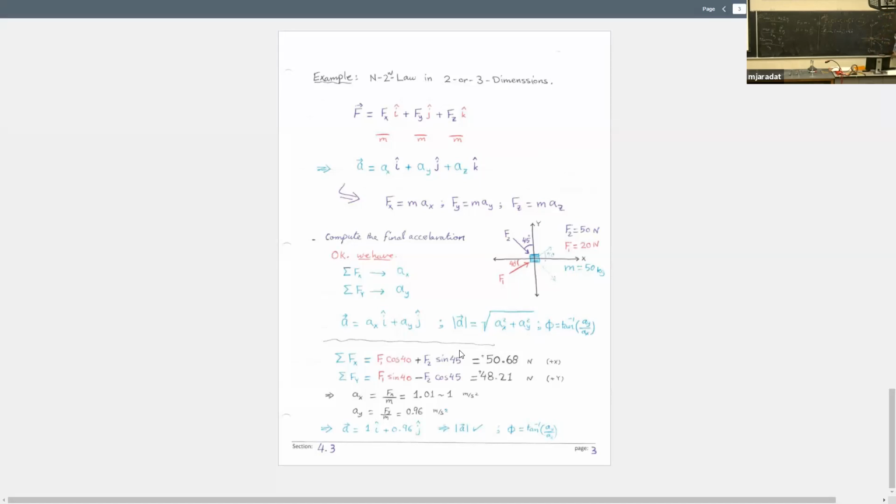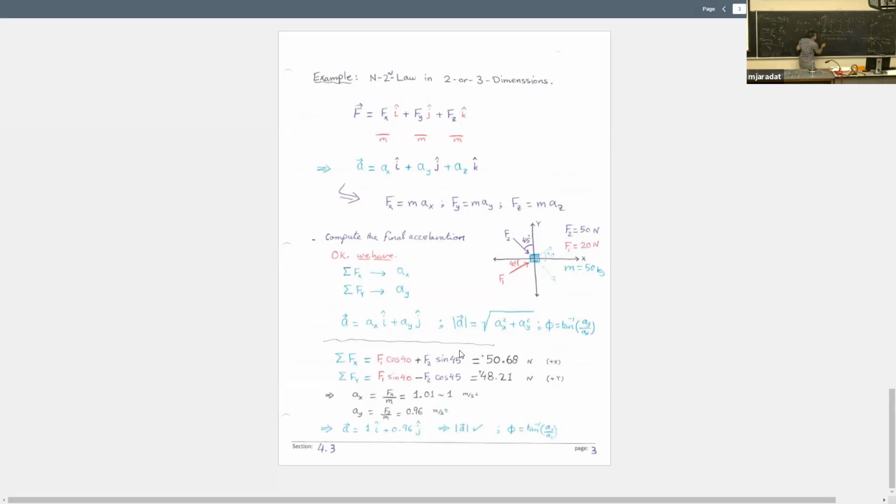This is in the middle. So the x components of the forces: Fx is equal to both of them in positive x direction, F1 cosine 40 plus F2 sine 45.